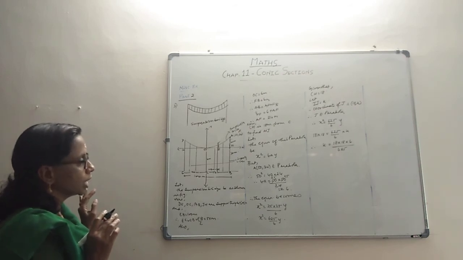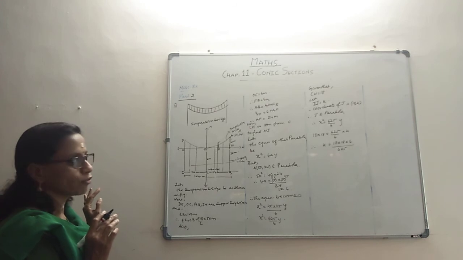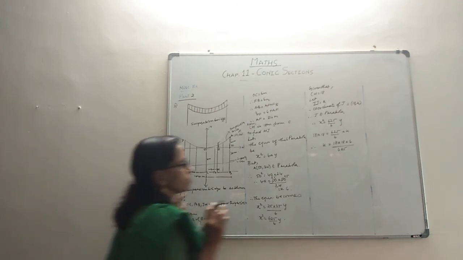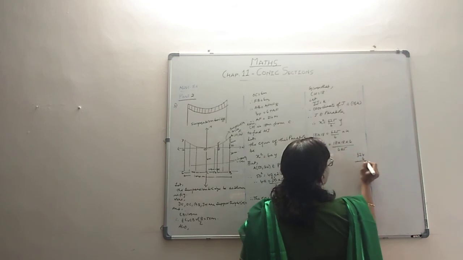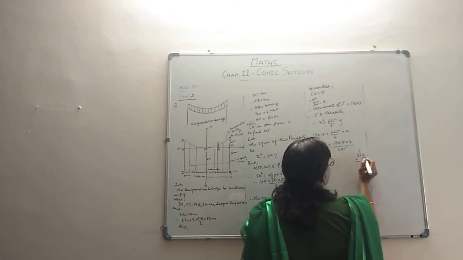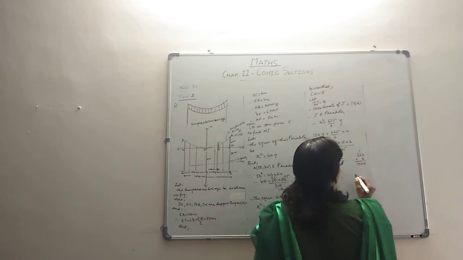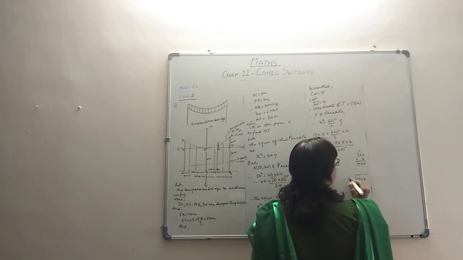Okay. 18 into 18, 324 we know. So 324 into 6: 6 4s are 24, carry 2; 6 2s are 12, 14; 6 3s are 18 and 1, 19. So 1944, which we have to divide by 625.